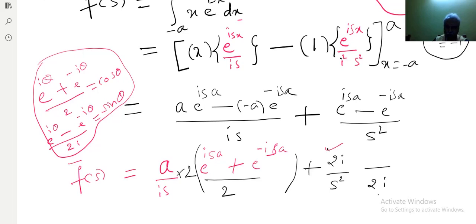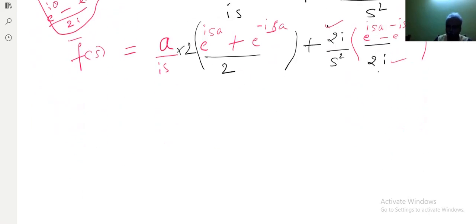I was telling. And the remaining part remains as it is, e raised to i s a minus e raised to minus i s a. So this bracket is something like cos of sa, sorry, sine of sa. Cos here sa, sine here sa.